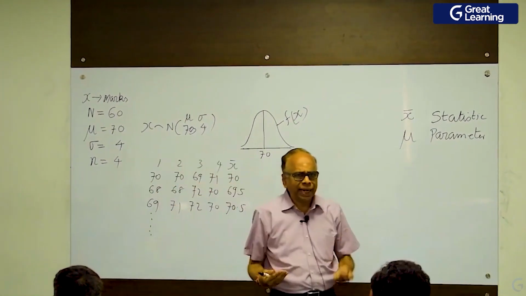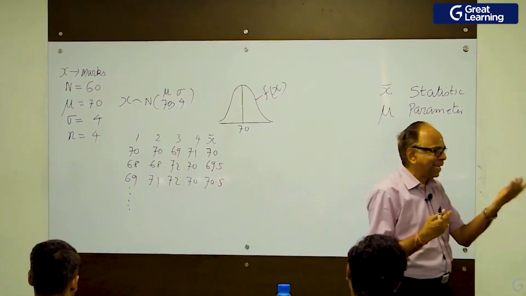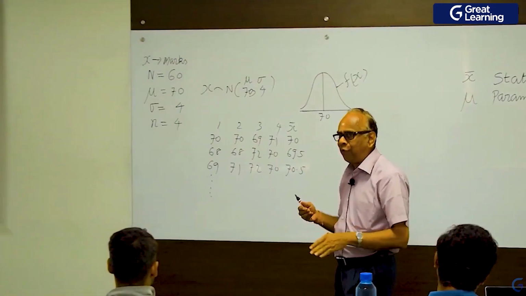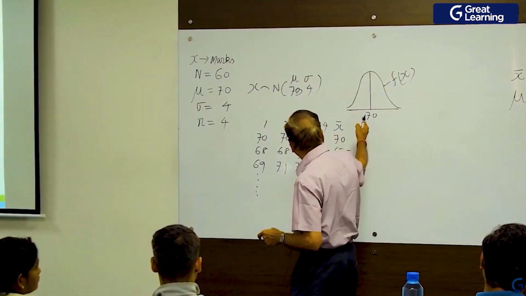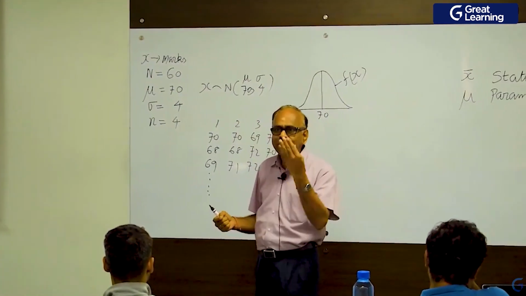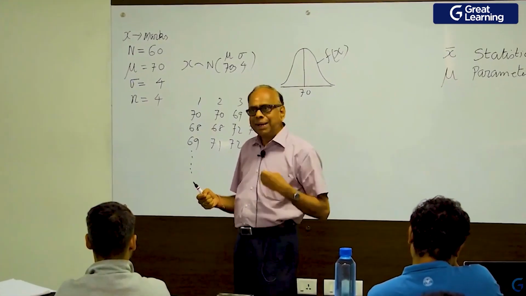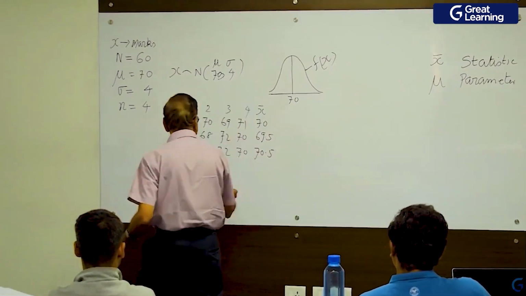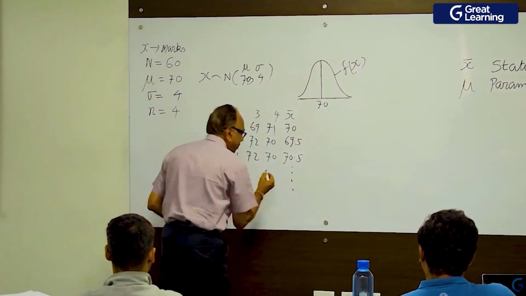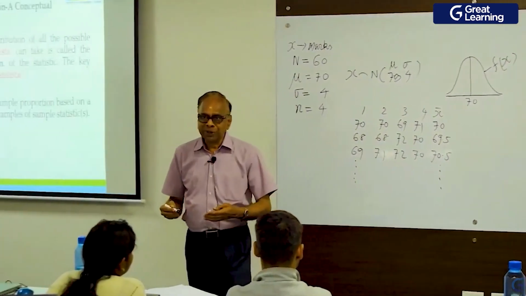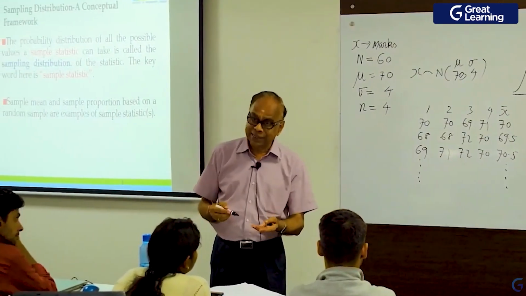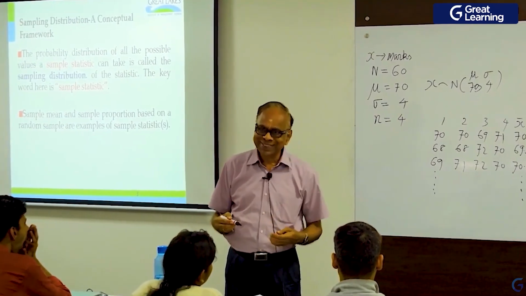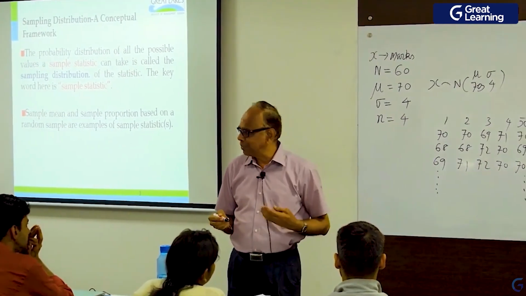Every time I select one X bar, I select an independent random sample of 4 observations from this population, and I keep on doing that. Every time I compute X bar, I have generated a number of X bars. To be more precise, 60 C4 ways I could have generated a large number of X bars.